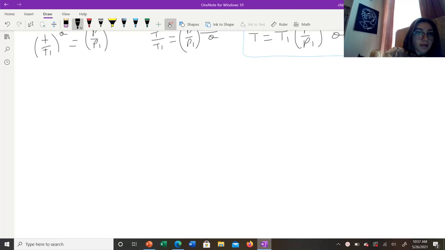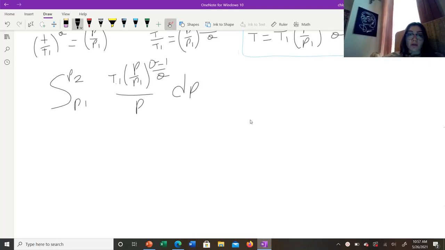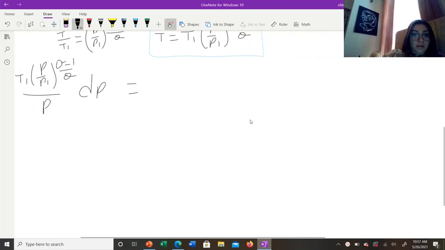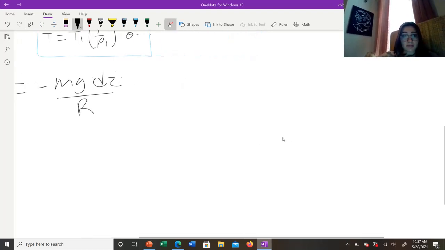So I'm just going to start writing the integral from P1 to P2, and then we're going to go ahead and substitute that in. So we're going to write it as T1 P over P1 to the gamma minus 1 over gamma all over P dP. So that's just subbing in what we got in the last two parts, equals negative mg delta z over r. So we're going to pull out our constants.